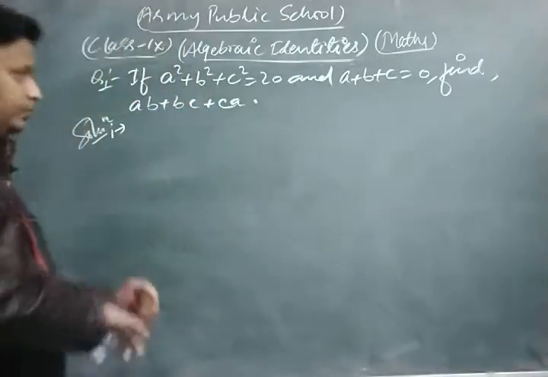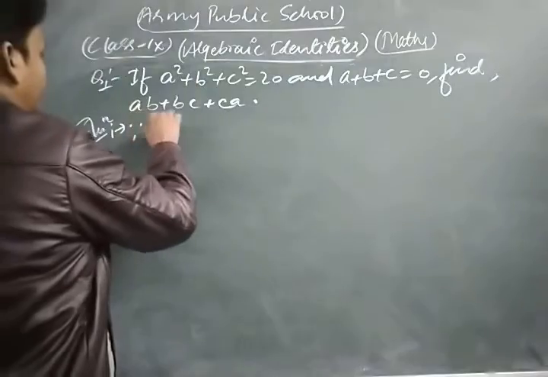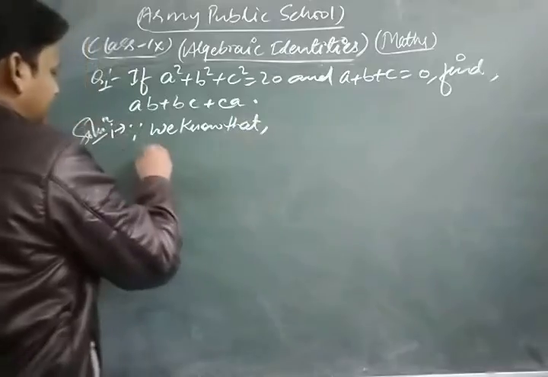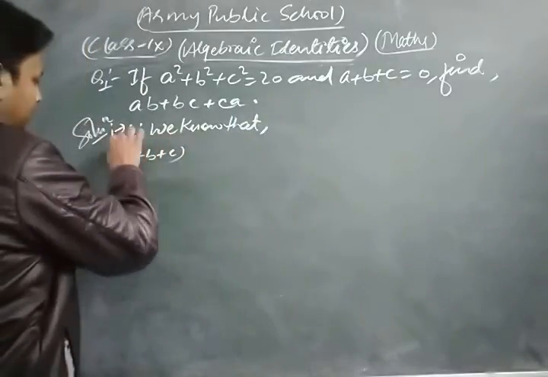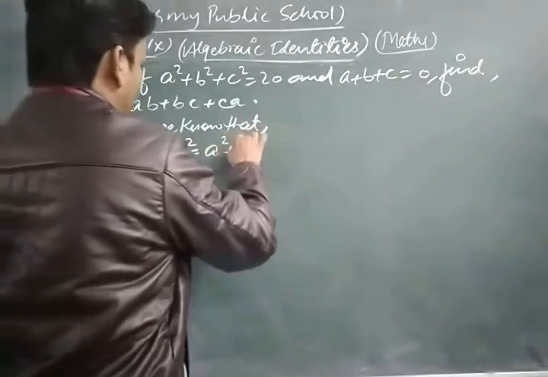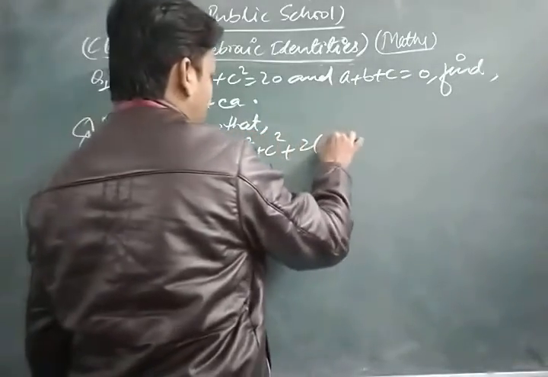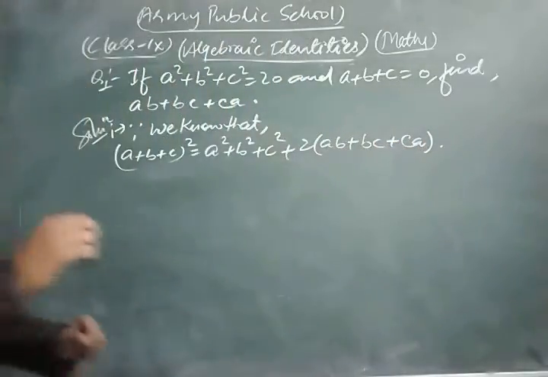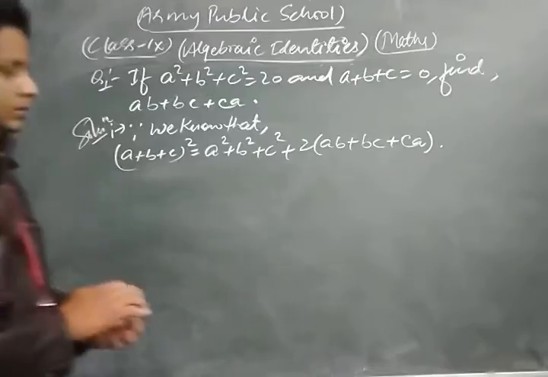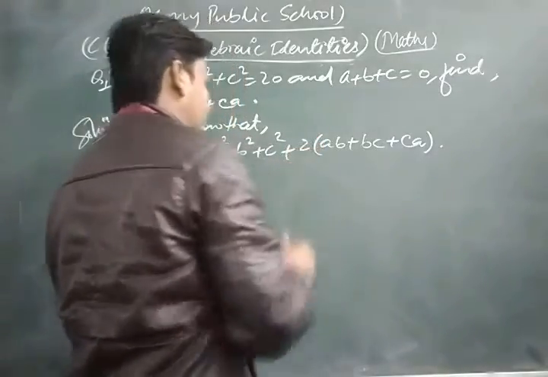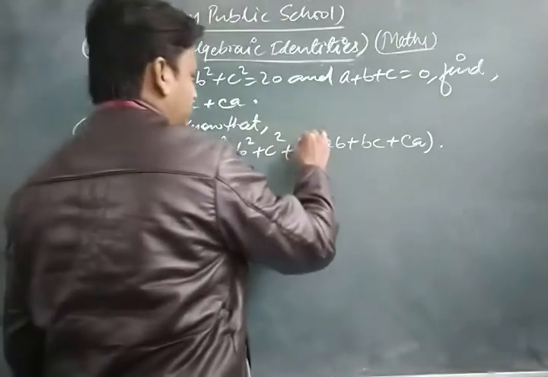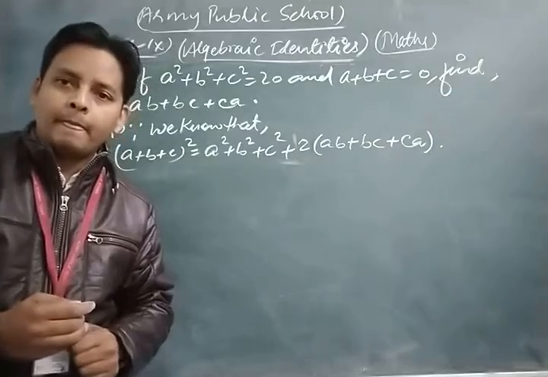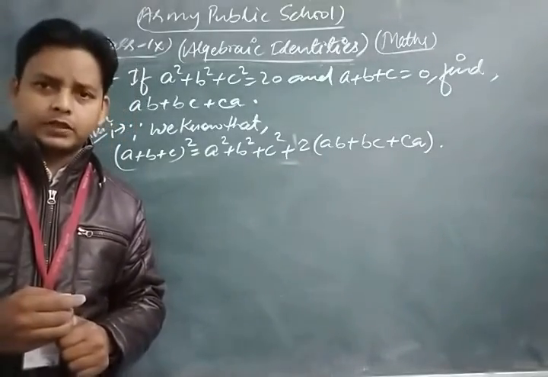Now look, first of all we know that the identity (a plus b plus c) whole square is equal to a square plus b square plus c square plus 2 times (ab plus bc plus ca) respectively.